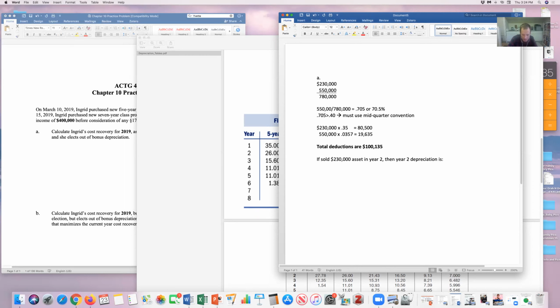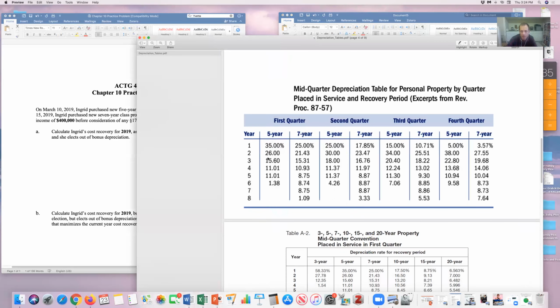All right, so we're going to take the 26% times, we're always using the initial basis, our initial MACRS basis, but now we need to know when she sold it in year 2. Let's say she sold it in November of year 2. I don't want to go to the fourth quarter side because she sold it in the fourth quarter.